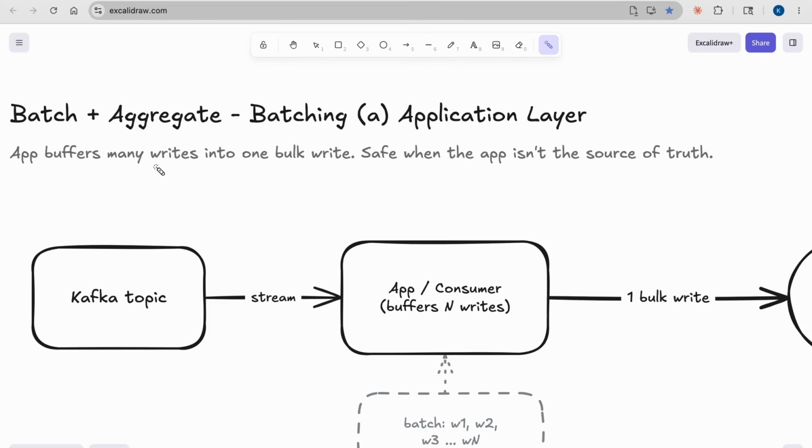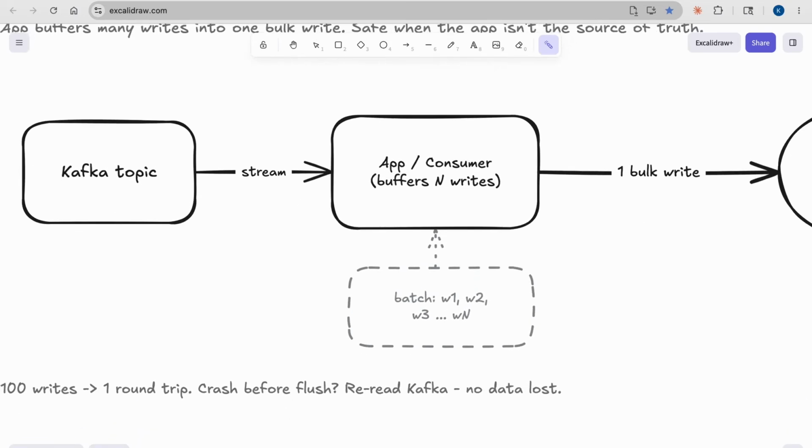I maintain them in memory, and once I hit that number, I write all 100 at once into the database. This is chosen when our app isn't the source of truth, mostly in situations like analytics.